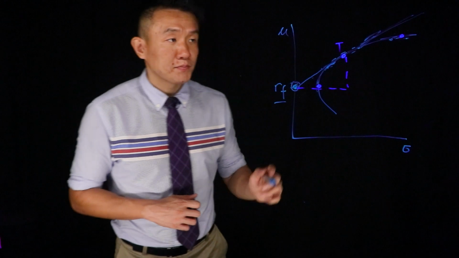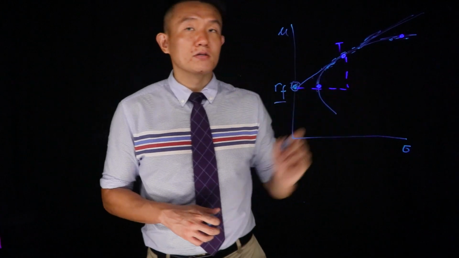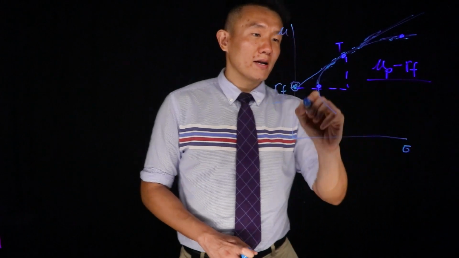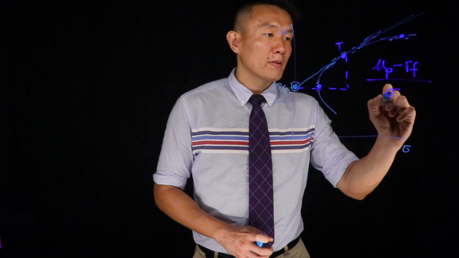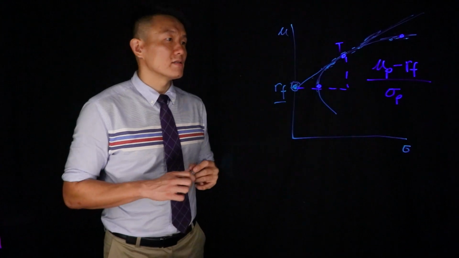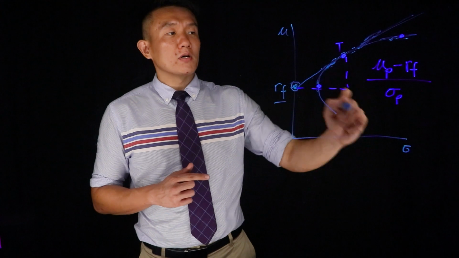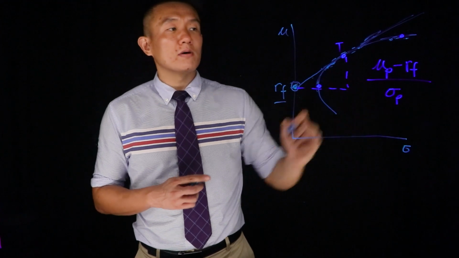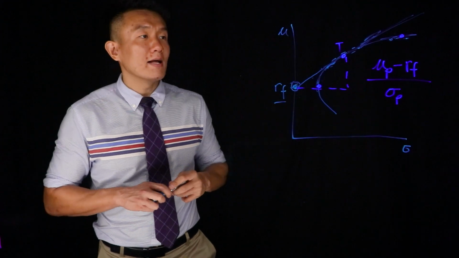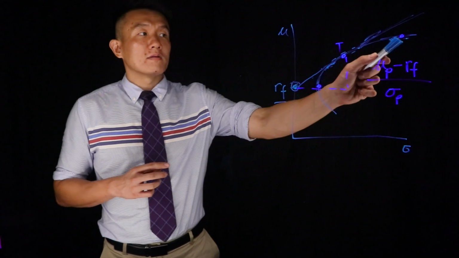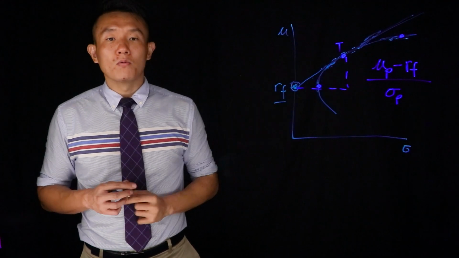Well, the slope is the rise over the run. The rise is the portfolio mean minus the risk-free rate. The run is the portfolio standard deviation. So for any portfolio that I could pick, this is going to describe the slope of the line that connects this portfolio with the risk-free rate.